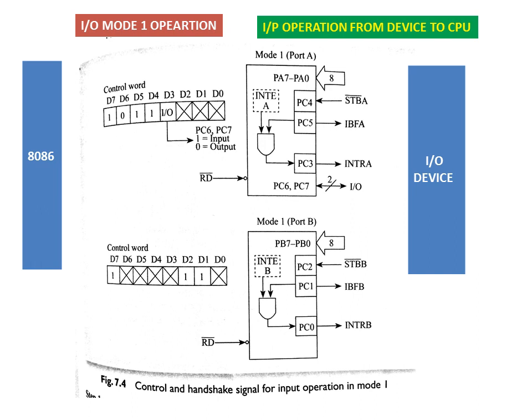Now see in the given diagram, IO mode 1 operation. In IO mode, the data is received in D0 to D7 bits.